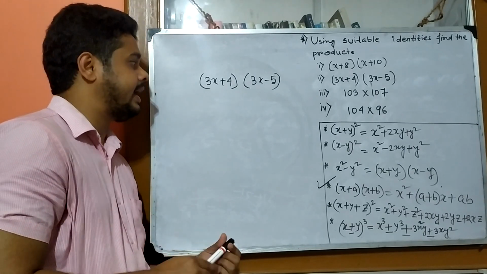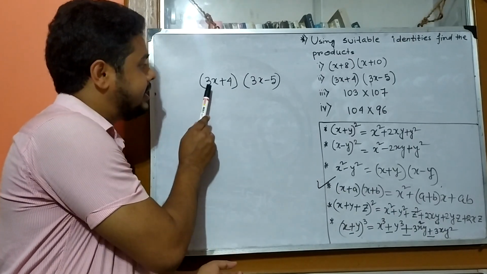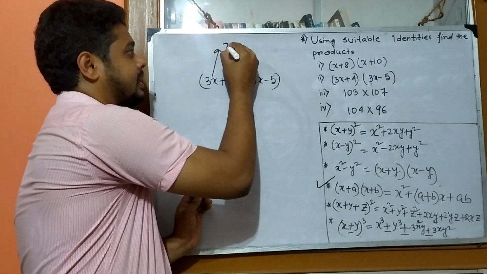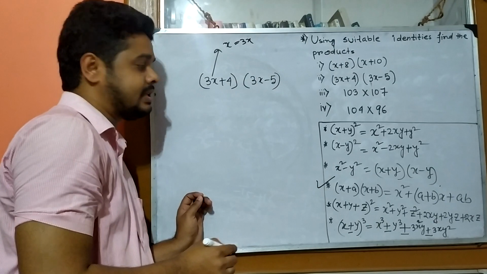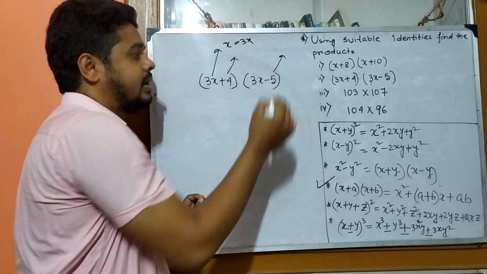Someone can say we can apply this identity, that is our x equals 3x, and that is our a and that is our b.